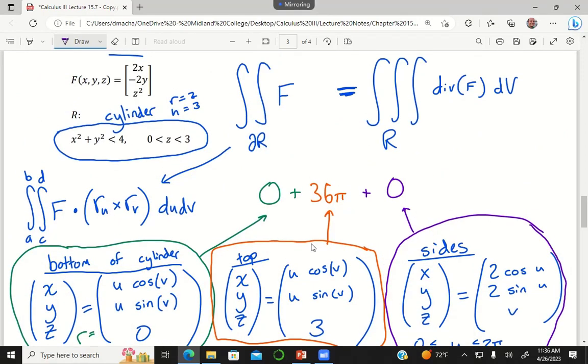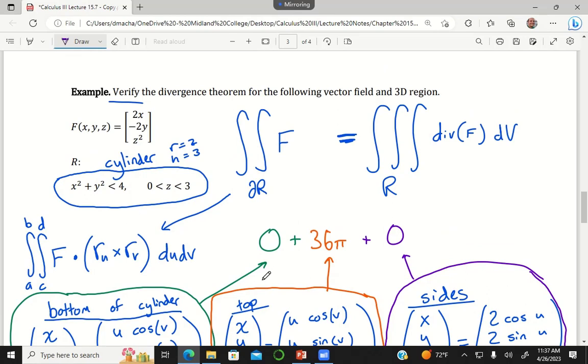And I think that's exactly what's happening, because the cylinder is radially symmetric about the z-axis, and the vertical component of all these vectors only depends on the height. So the vertical component is really only coming off through the top, but there's nothing happening through the sides because the sides themselves are vertical surfaces.